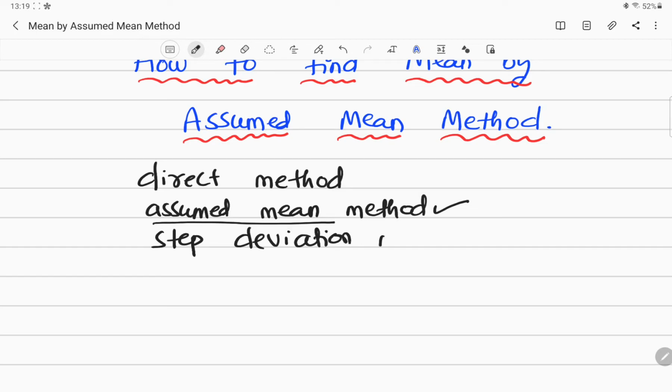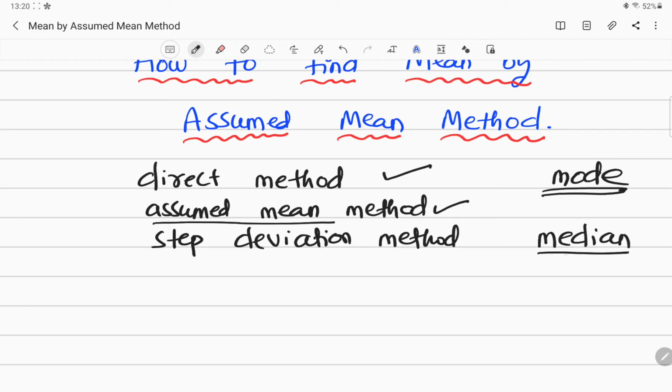Now in this playlist of statistics, you will get all these details: how to find the mode of grouped data and how to find the median of grouped data. All those details are already there in the playlist. You can have a look at them, and we have details about the Ogive curve also.